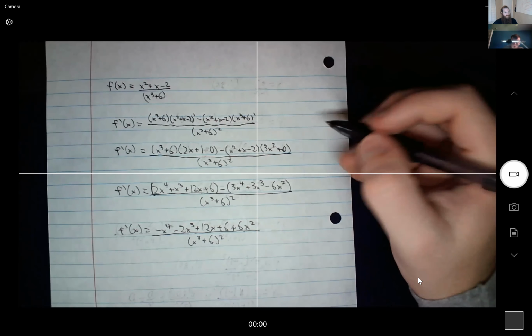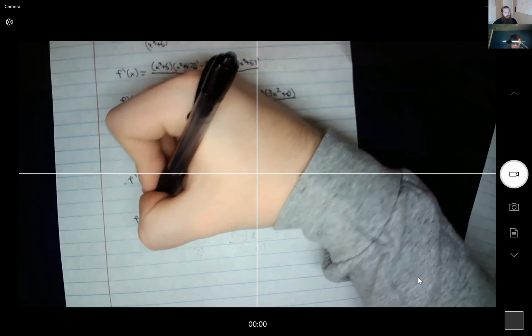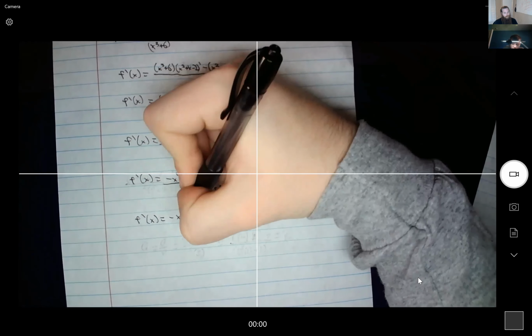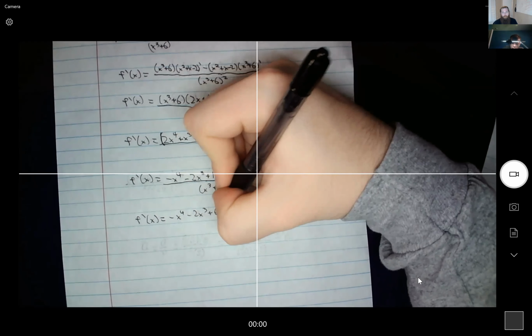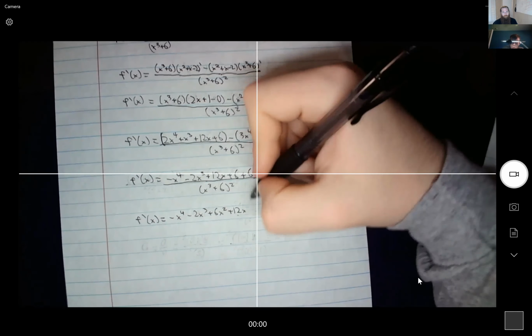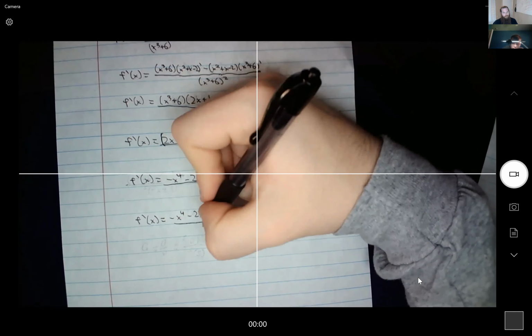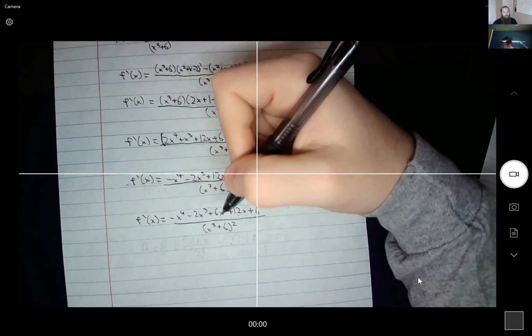We can rearrange these terms. f prime of x equals negative x to the fourth minus 2x to the third plus 6x squared plus 12x plus 6 all over x to the third plus 6 squared.